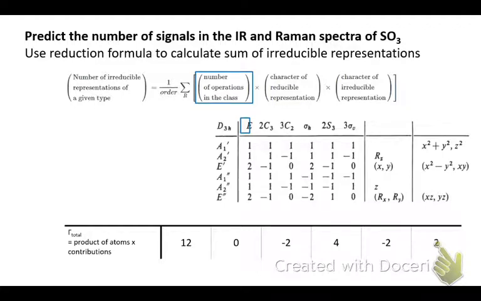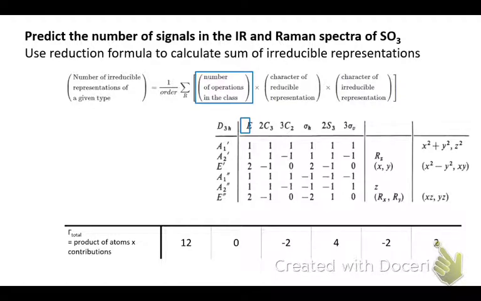So we use our reduction formula to do that, which is up here at the top. The number of irreducible representations of a given type, for example the number of A1 primes represented in the reducible representation, is given by 1 over the order, which we can calculate for this point group.